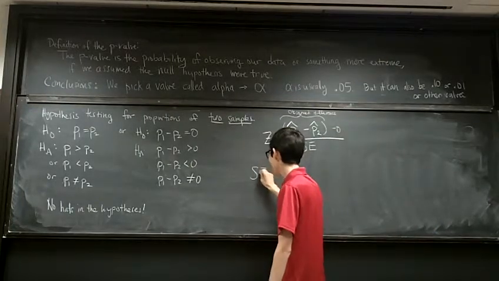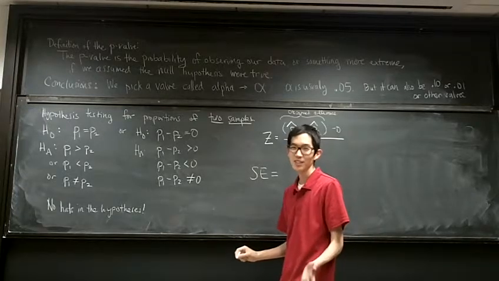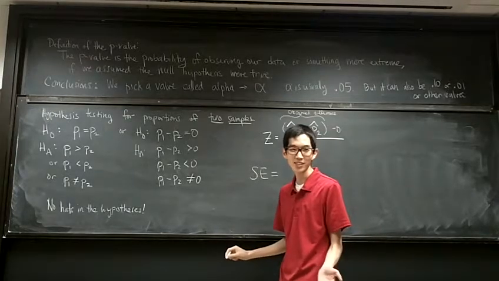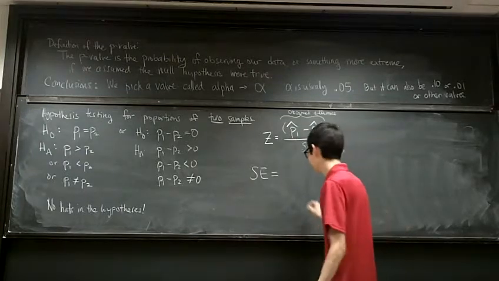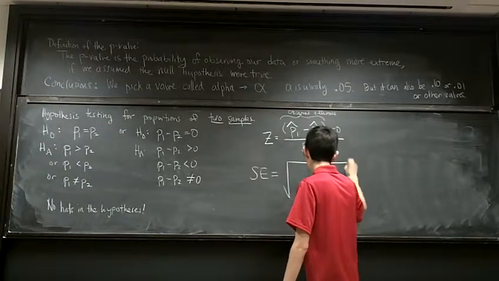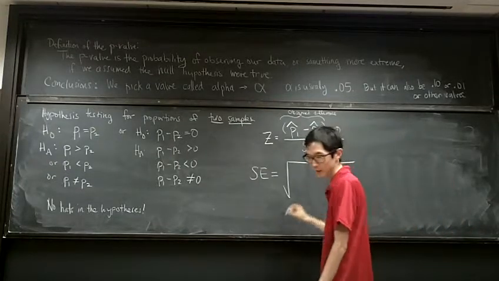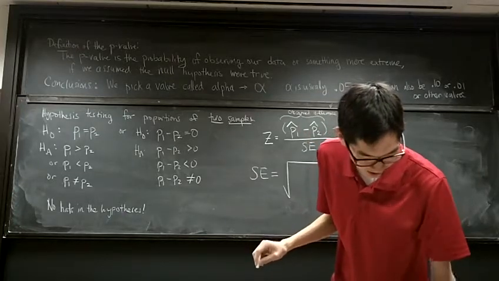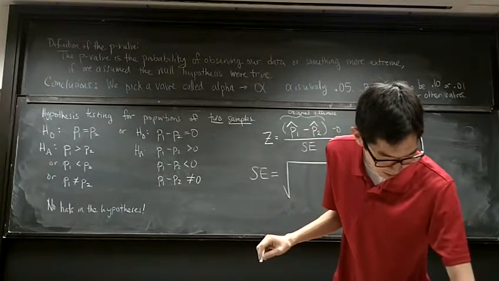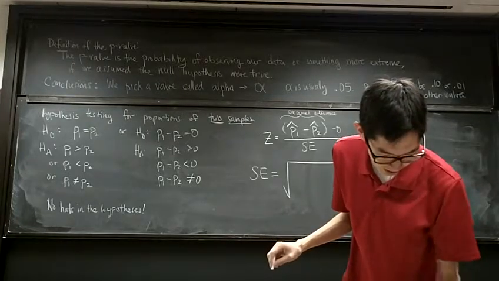The standard error, it's an ugly formula. There's nothing we can do about it. I want to check the way it's written in the book, because I want to make sure I'm writing it the exact same way.